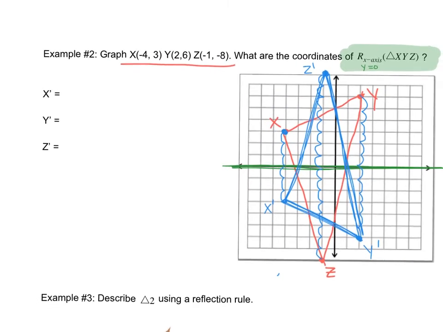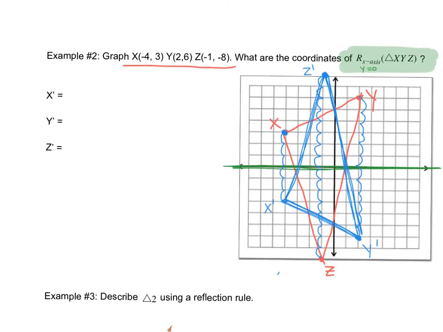So when they ask you what your coordinates are, x prime is at the point -3. Nope, that's a -4. Sorry. -4, positive. Negative. Oh, -3. I'm looking at the wrong triangle. This is the blue triangle.